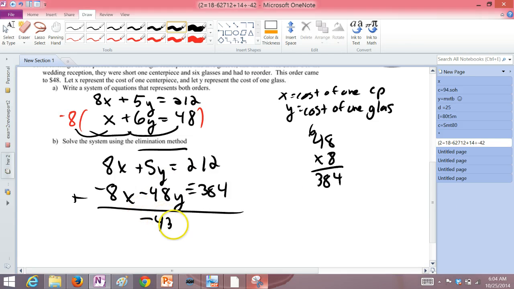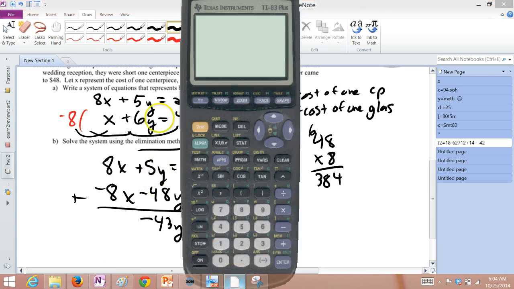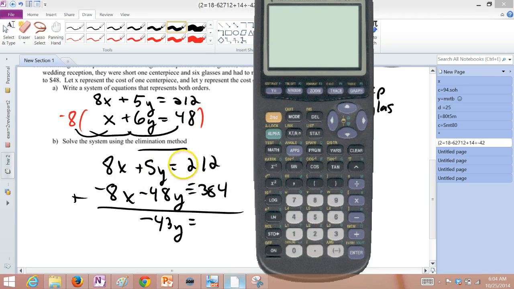Negative 43y. First off, let's just make sure that what we have is correct. 48 times 8. 384, okay, good. Take away 212, and you get 172.